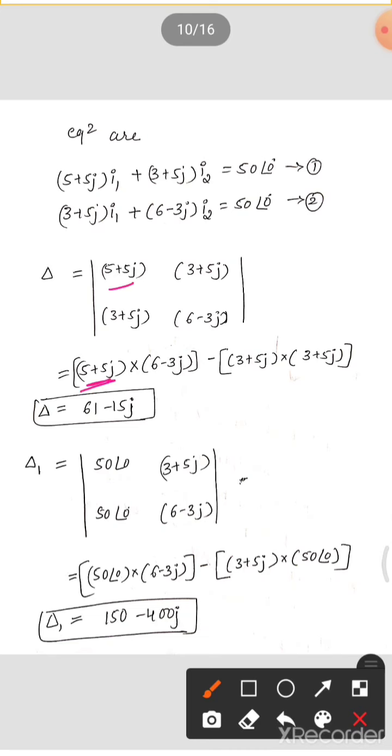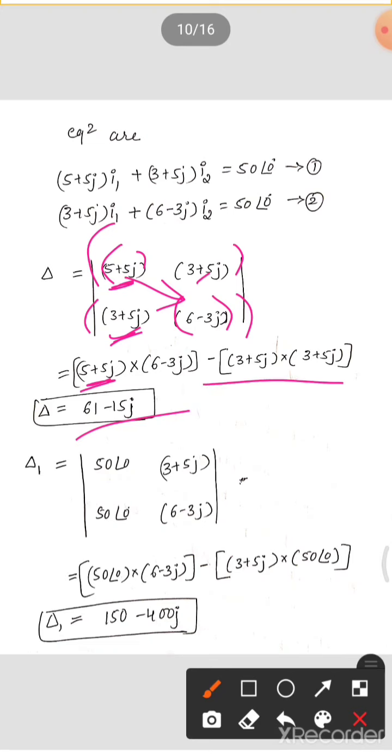Each term will be under a bracket. For the multiplication take a bracket and close it, minus, start with another bracket and close it. So be careful about it, and then delta comes to 61 minus 15j.